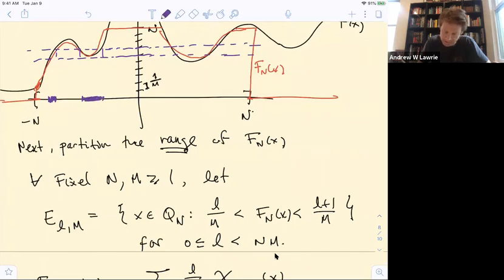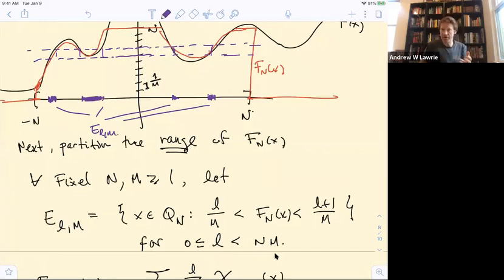So this is one of these sets E_{L,M}, and these purple guys are one of these sets. So this doesn't look like how you usually partition things in Riemann integration. We're chopping up the range evenly, and then we get some funny looking set down below in the domain.